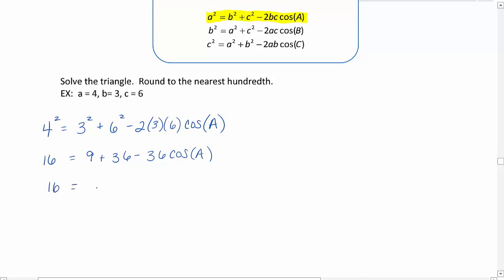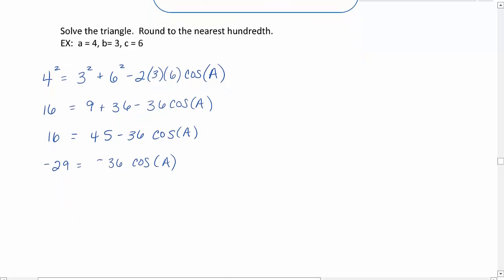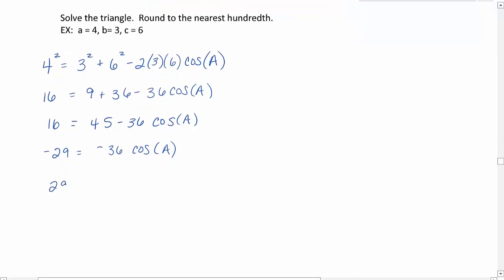16 equals 45 minus 36 cosine of A. Negative 29 equals negative 36 cosine of A. Divide, those two negatives will divide out.